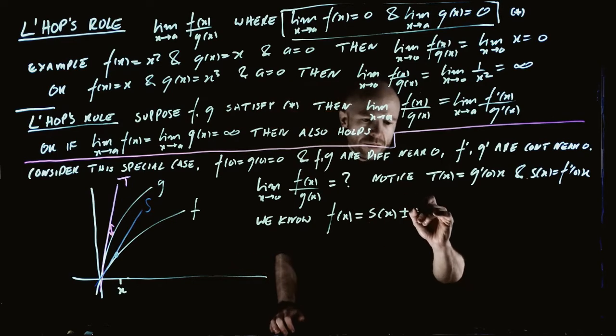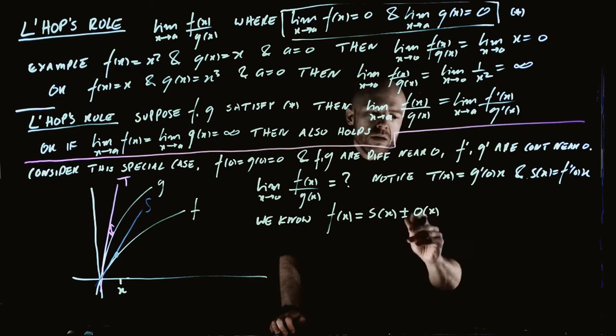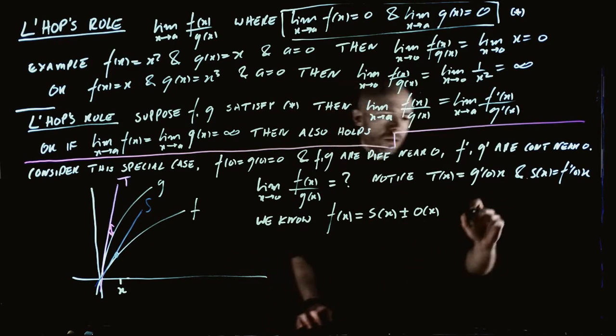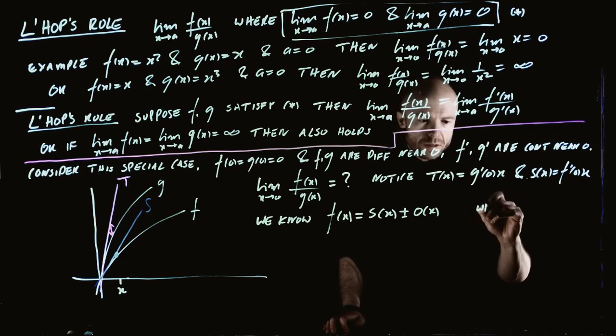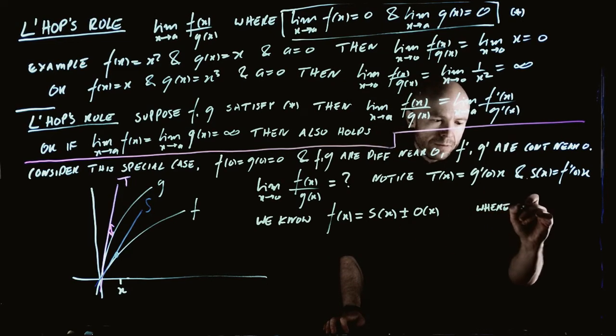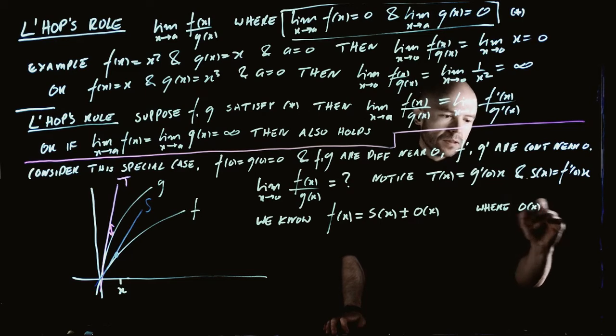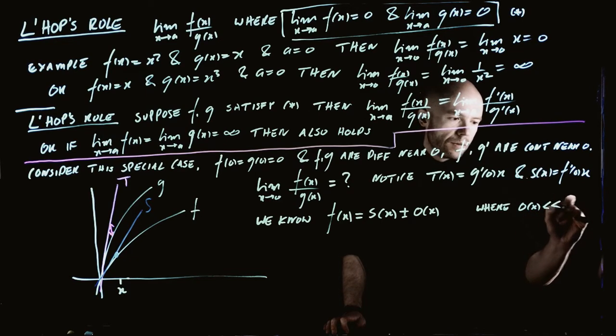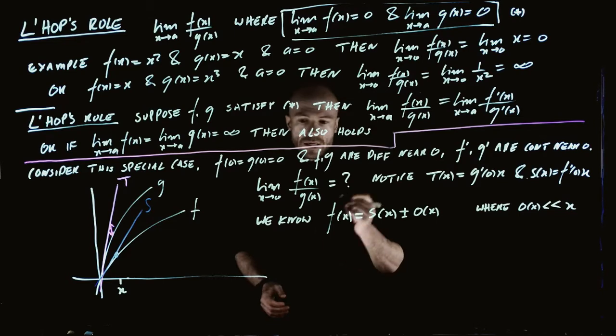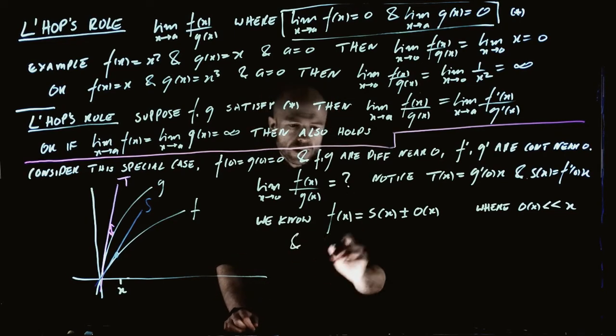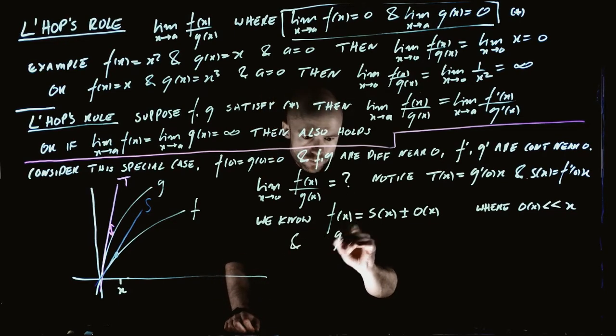And I denote that by little o of x, okay? So I put a plus minus just to indicate it's some sort of an error, where little o of x is a lot smaller than x. And the same thing for g.